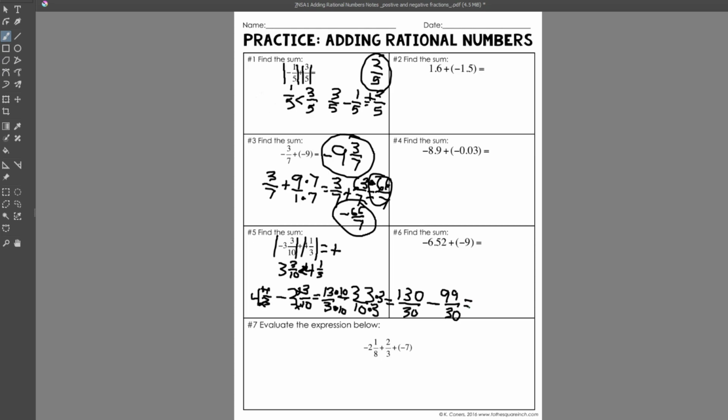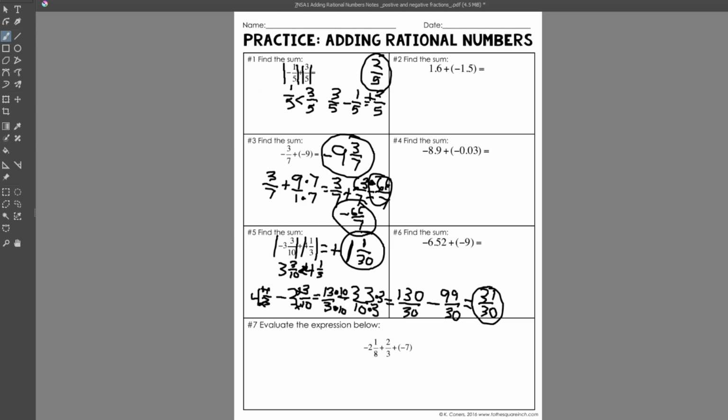Now I have a common denominator. What's 130 minus 99? That's going to be 31 over 30. Since I can't simplify any further, and I know my answer is going to be positive because that's the one that had the greater absolute value, I can leave my answer like this. I could also turn it into a mixed number. 30 goes into 31 one whole time with a remainder of 1 over 30. And that's it. And I know my answer, again, is positive.